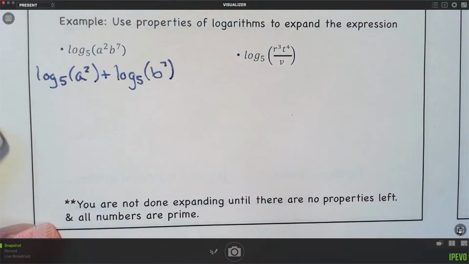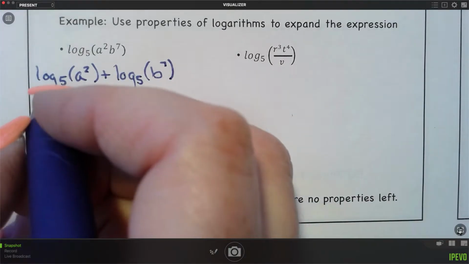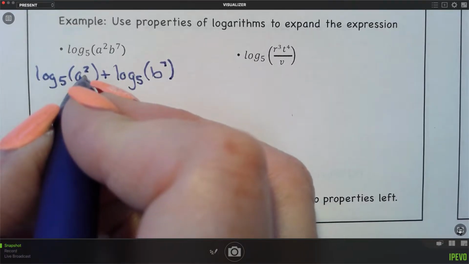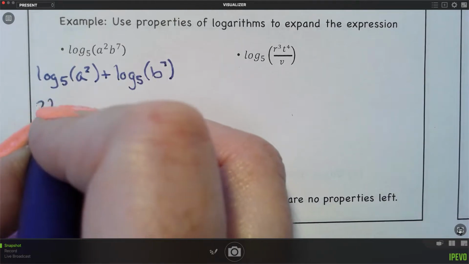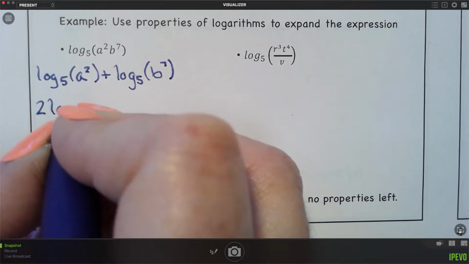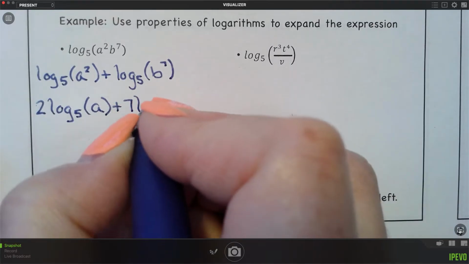Are there any more properties left? Yep, the power. The 2 and the 7 need to come out front, only of what they're on, though, not of the whole thing. So 2 log base 5 of a plus 7 log base 5 of b.